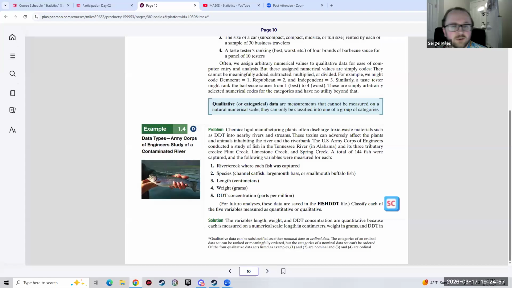DDT is just some chemical compound, all right? These toxins can adversely affect the plants and animals inhabiting the river and riverbanks, at least depending on what kind of level we're talking about, right? After all, all throughout the world, there are unfortunately some bad chemicals out there, right?